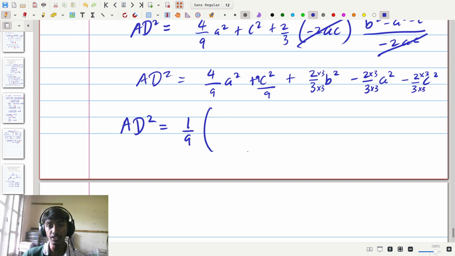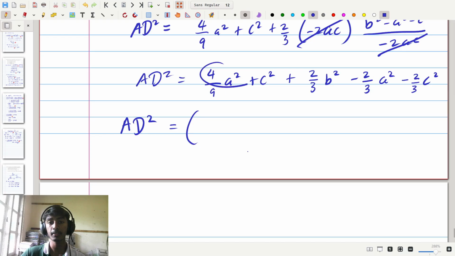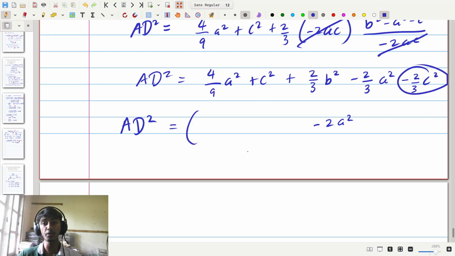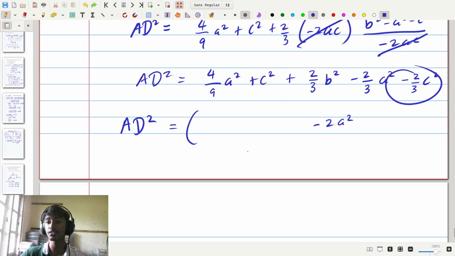Now from that we can see if we take out all of these 9's as common factors, we will get a 4a squared here and a minus 6a squared here for a total of minus 2a squared. Then we'll have a c squared here which is going to be 9c squared and a minus 2 over 3c squared which is going to be minus 6c squared, for a total of 9 minus 6 or plus 3c squared.